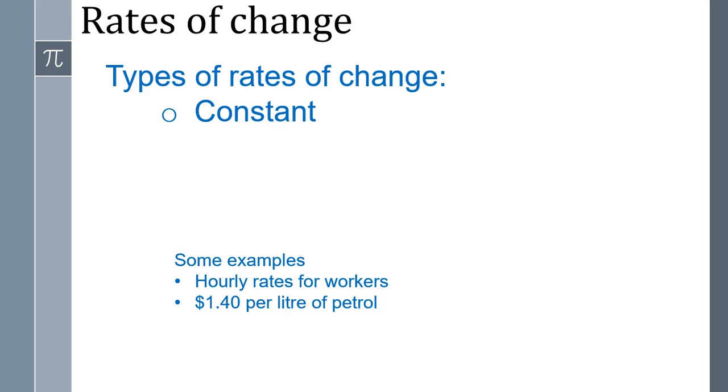So constant rate of change. Now this is probably the one that is most familiar to you. So I'm just going to draw a little graph here and we're going to talk about, let's go unit price and total cost. So constant rate of change looks at things that keep their rate constant the entire time.